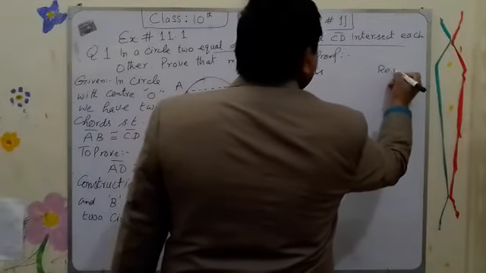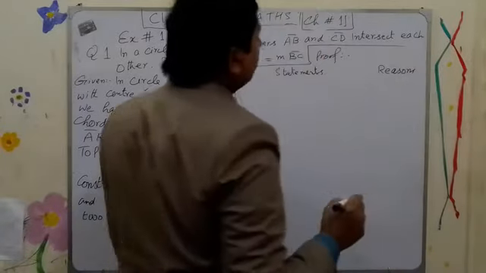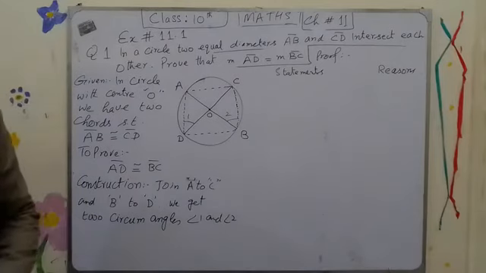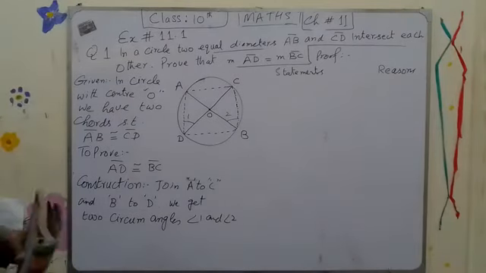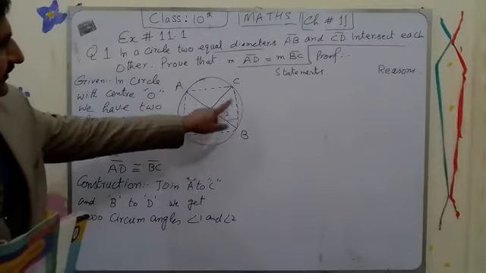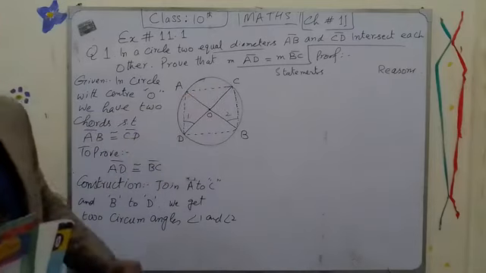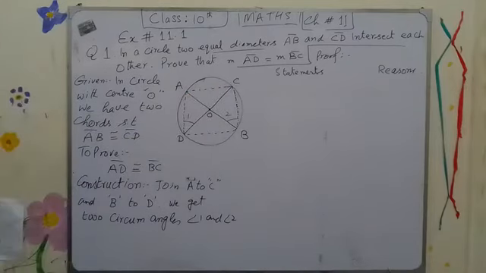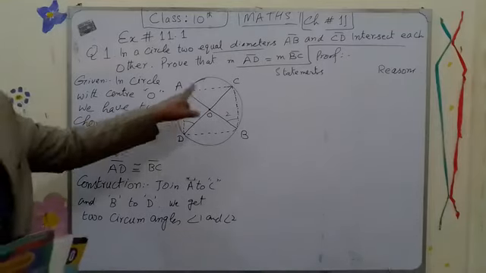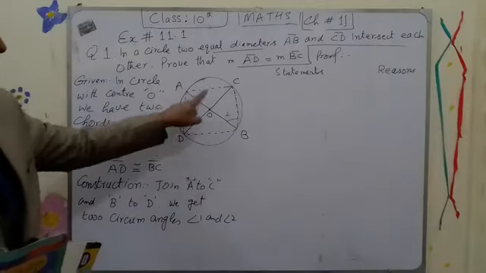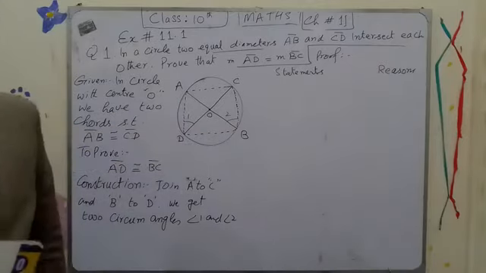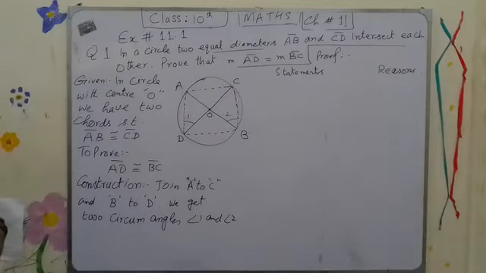Statements and reasons. Right? So what are our statements and reasons? In the triangles, look here, in the triangle BCD, or you can say CBD, and the other triangle is BCA.